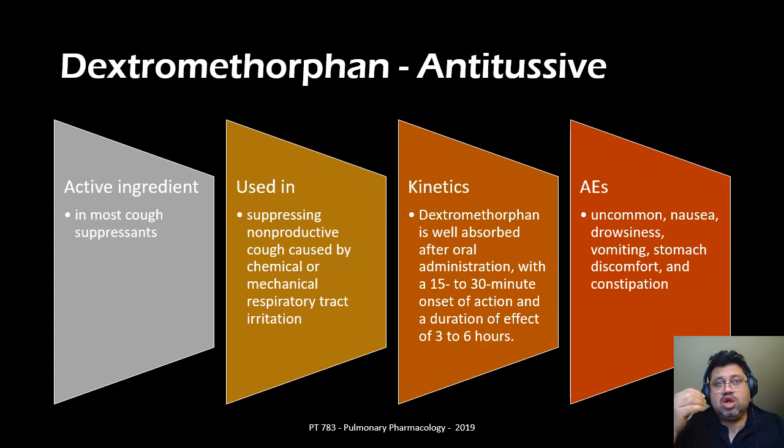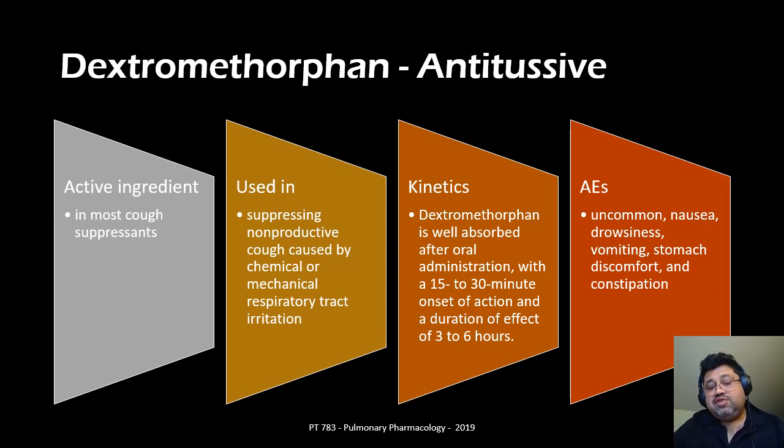Now, normal non-productive cough is caused by irritation of the respiratory tract mucosa via chemical or mechanical irritants. Dextromethorphan can very effectively suppress these kinds of coughs. The kinetics of dextromethorphan is that it is very well absorbed and can have a time to action of 15 to 30 minutes after oral ingestion.